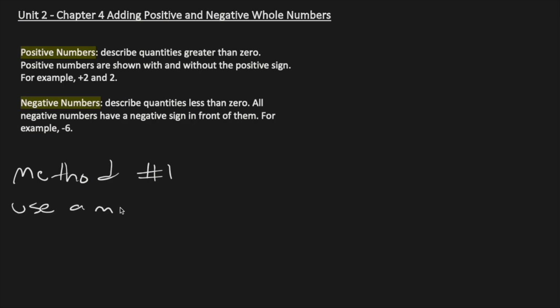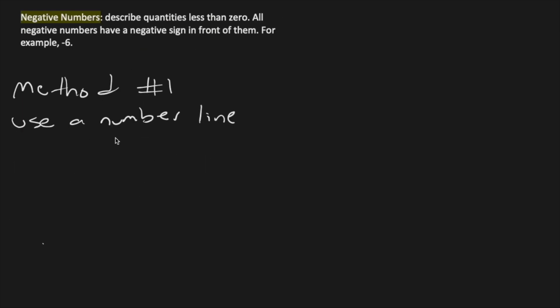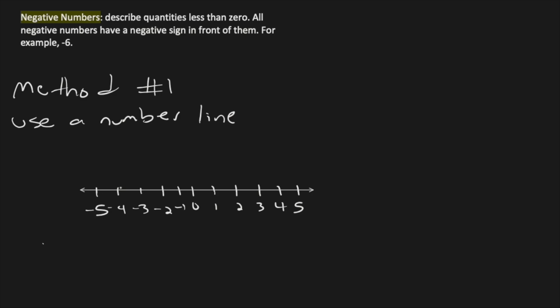There are various ways to add positive and negative numbers. Method number 1, we can use a number line. So in the middle, we'll put a 0, and 1, 2, 3, 4, 5 to the right, and negative 1, negative 2, negative 3, negative 4, and negative 5 to the left.